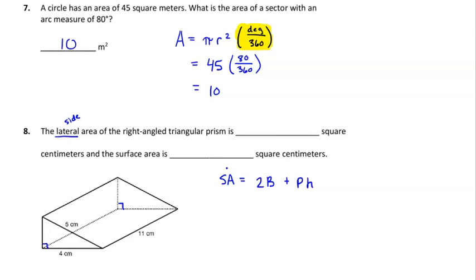When you're looking at these prisms, they're not always going to put the base on the bottom. And so we name a prism by its base. So triangular prism means that the triangle is our base of this particular shape. And when we look at this, this means 2 times the bases. So this is the base areas.